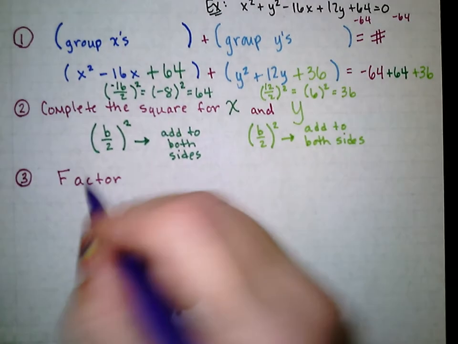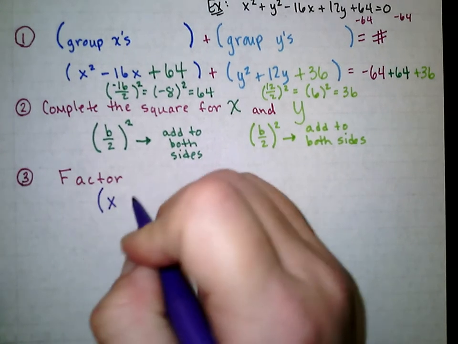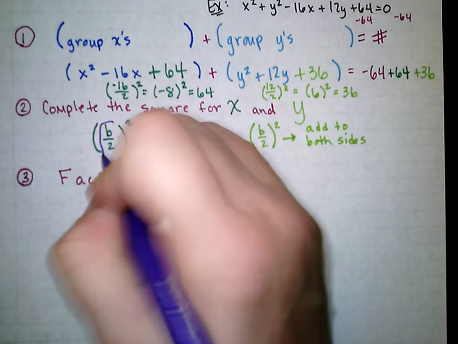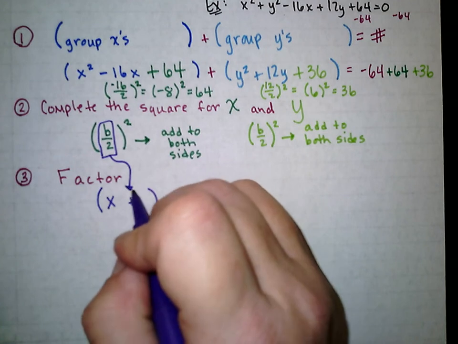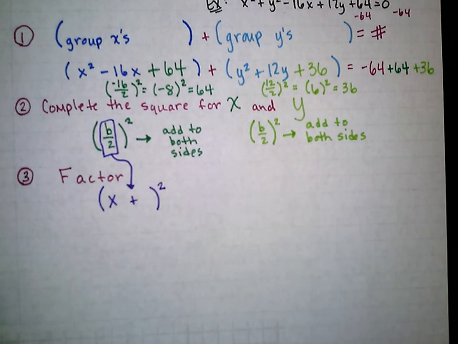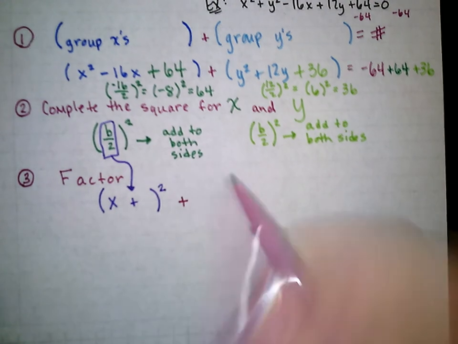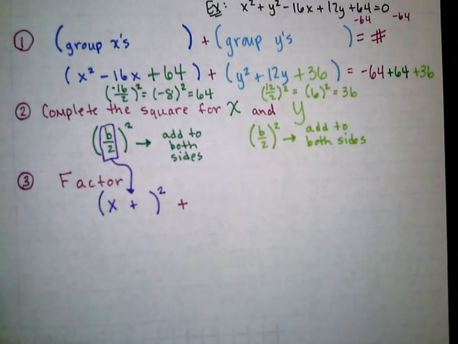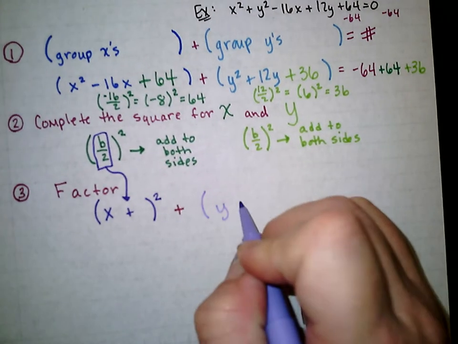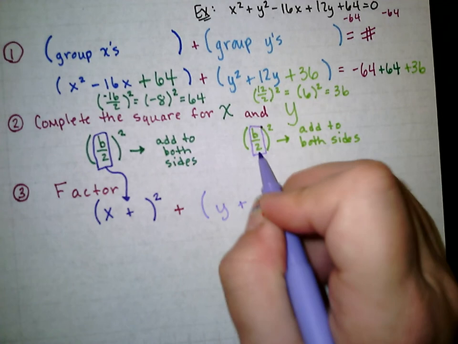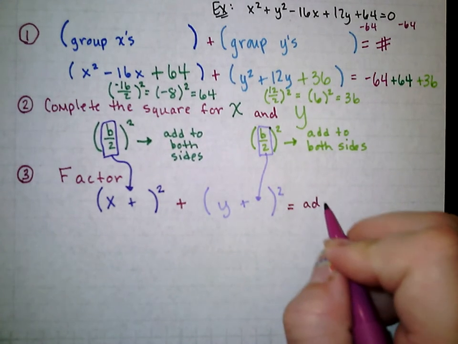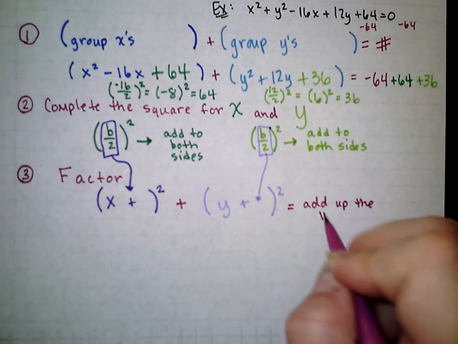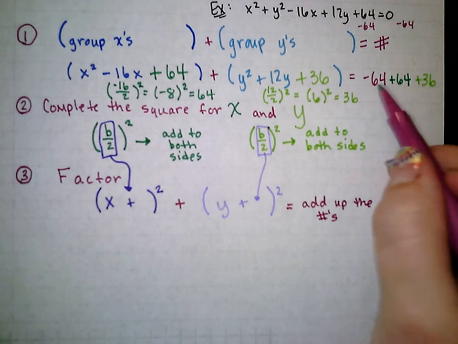We're just going to take x and whatever this number is and add it in there, so this number squared, plus, do the same thing for y: y plus this number squared, and then it's going to equal the sum of the numbers over here. So these numbers that are over here, we add them.